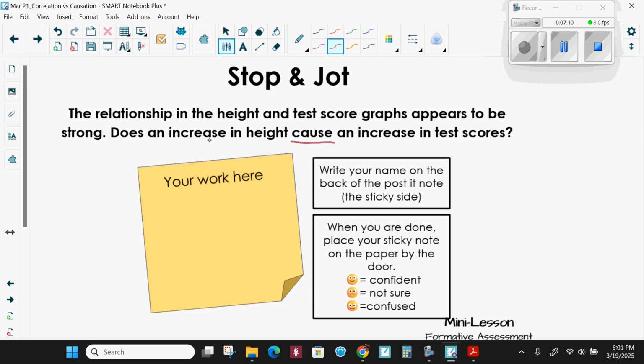So are taller people smarter? You can put here whether you think it's not causal or if it is causal. Then you're going to place this on the door depending on whether you're confident in your answer, not sure, or confused about your answer. There's going to be a place for all three of these for you to put it on your way out.